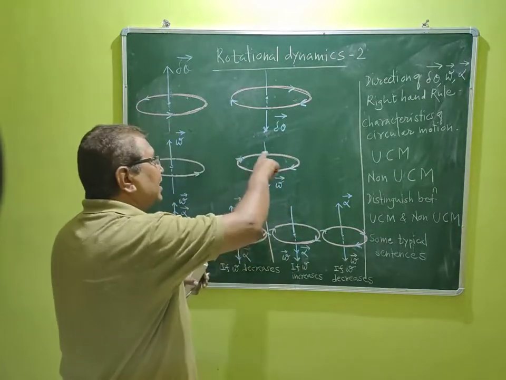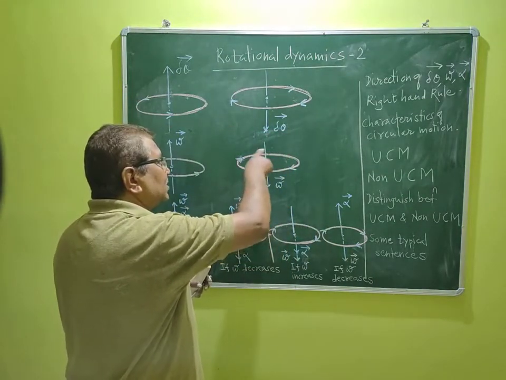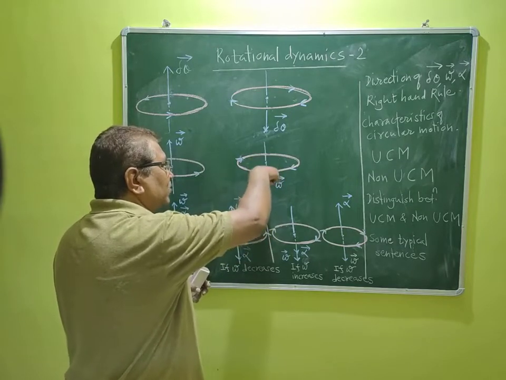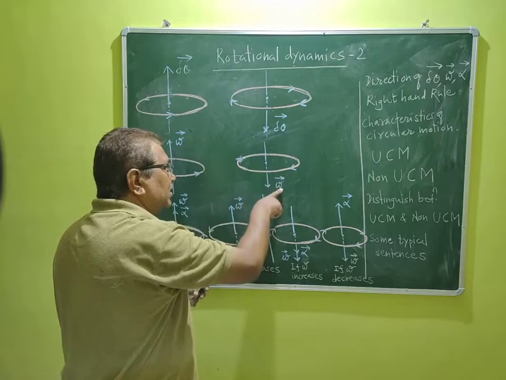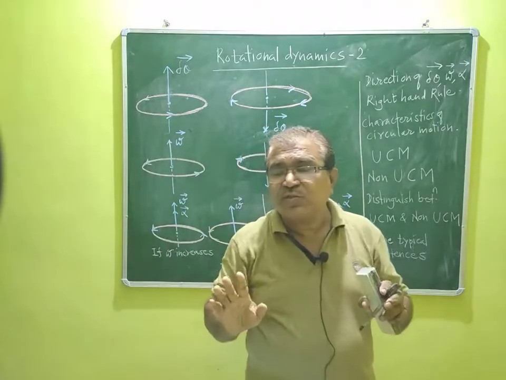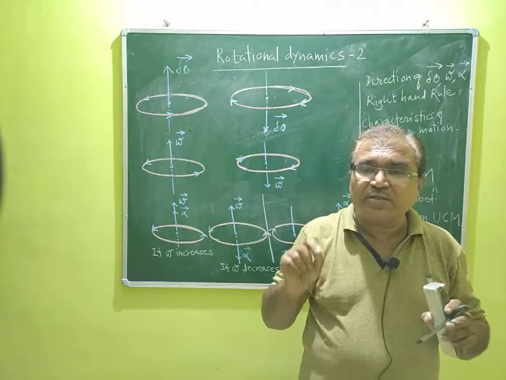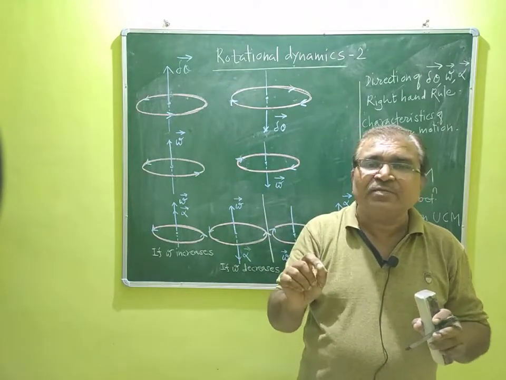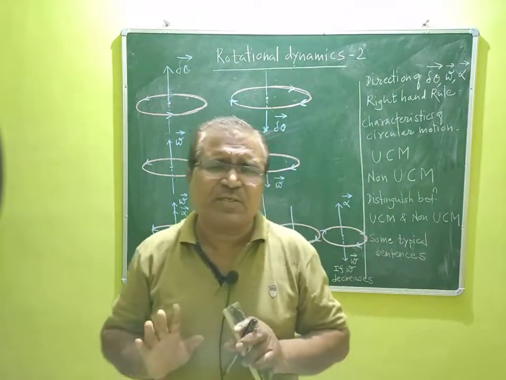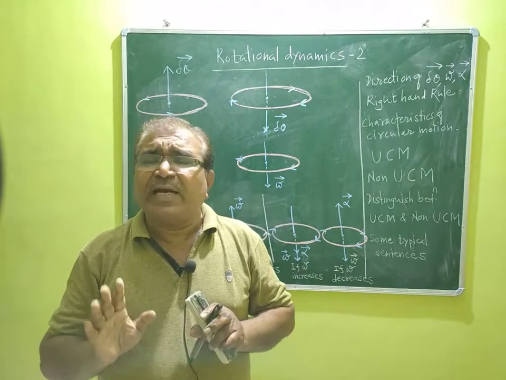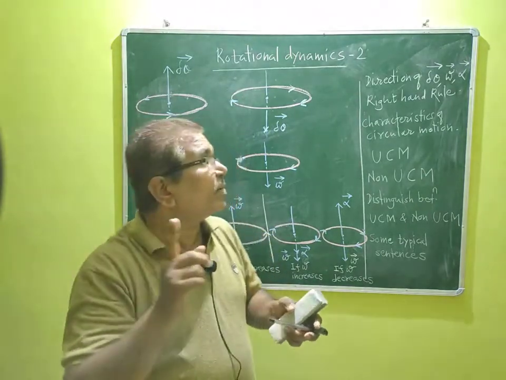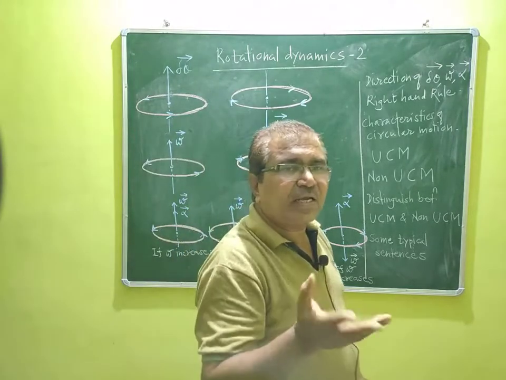When the direction of the circular motion is clockwise, then the direction of angular velocity omega is in the downward direction. So this is the most important point you should write in your notebook, dear guys. Most important thing: directions of all physical quantities, I will repeat again, are suggested by the right hand rule that I have already told you.